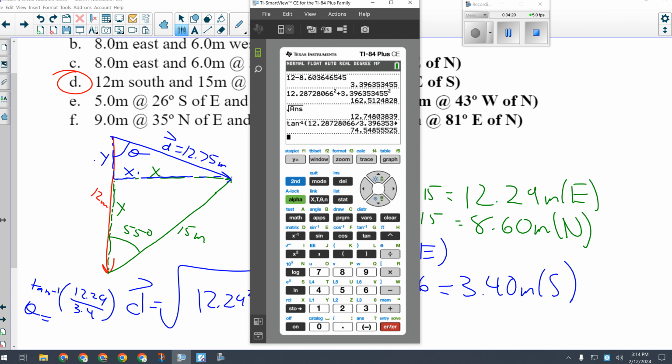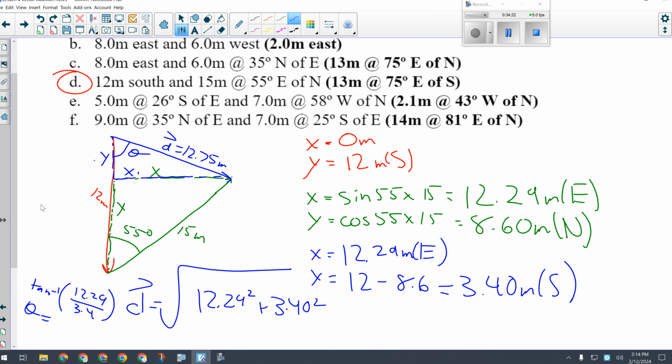So we're looking there at 74.5 or 75 degrees, because we only have two significant figures here. 75 degrees. For me, that is east of south. All right, so my final answer is going to be 13 meters, because I only have two significant digits, 13 meters at 75 degrees east of south.